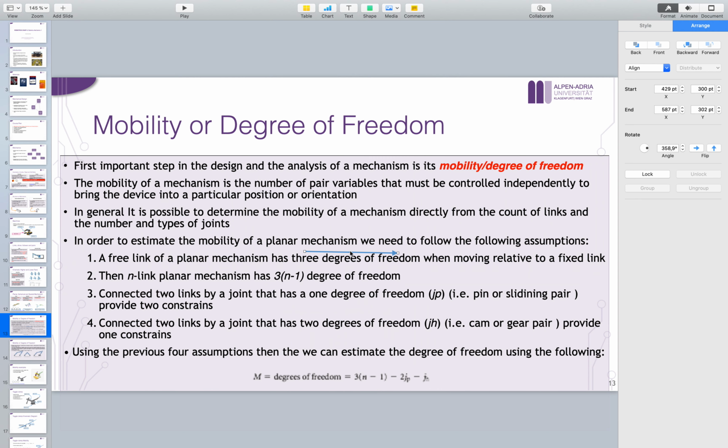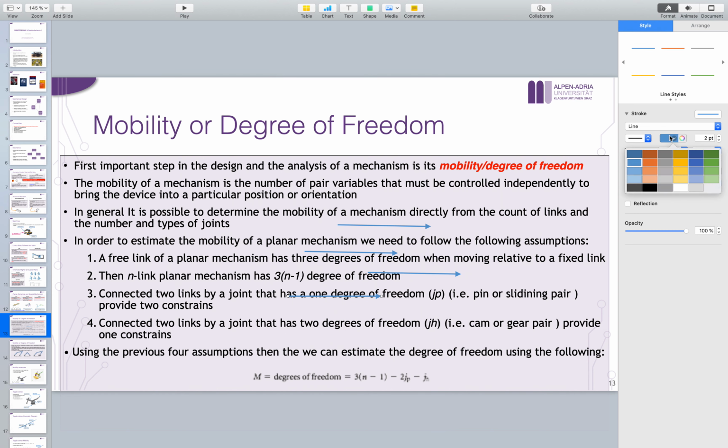So if I have another link in this mechanism, so now I have 2, and now let's say I also have a third link here. So at the beginning I have 3 free links, and I have 1 extra special link, which is this one, and I will give it a different color.